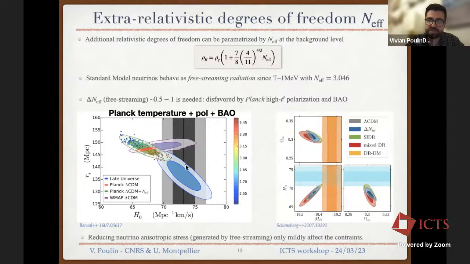And in fact, even with newer data from Planck, and with even more complicated sorts of modeling, maybe you have in mind that your extra neutrinos are not free streaming.